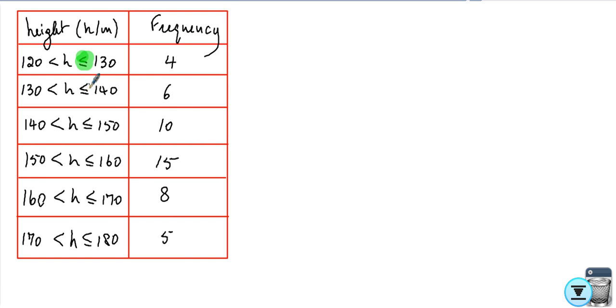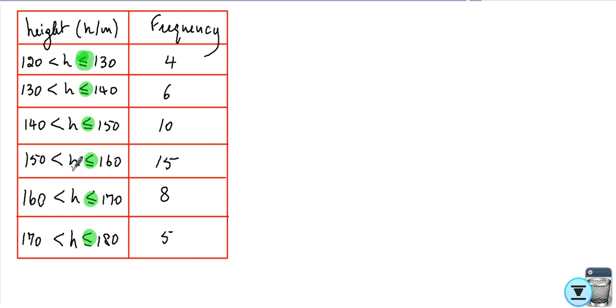Even here the 140 is included, here the 150 is included, here the 160, the 170, the 180, pay attention to that. So, for example, if I had to measure the height of another person, and that were 150 centimeters, the 150 centimeters lies in the range from 140 to 150, because here 150 is included.